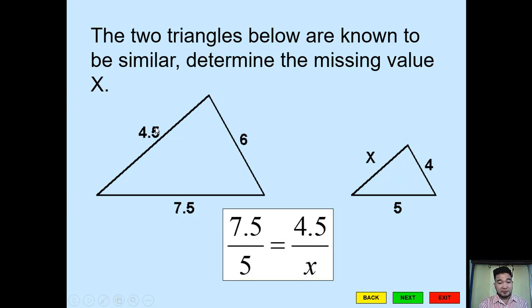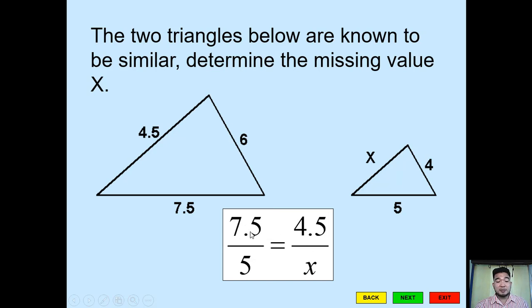So we are going to use 7.5 over 5, because they are corresponding sides, is equal to 4.5 over x. Or you may also use 6 over 4 equals 4.5 over x. It's up to you because you will still have the same answer.